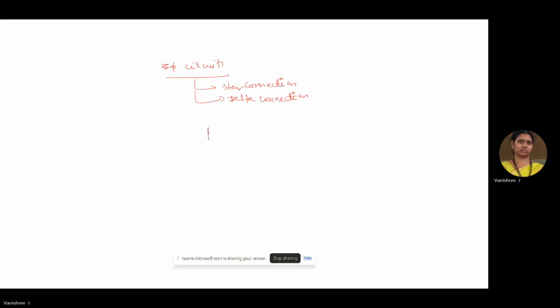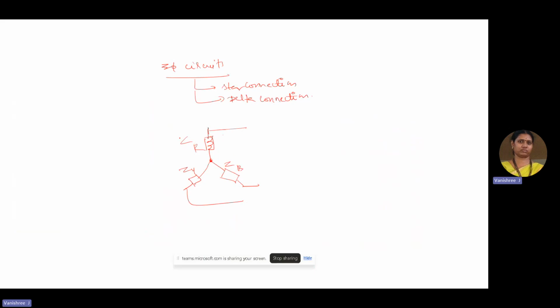That is, you will be having a common neutral point. You will be having a load and three phases of load. So R, Y, B. So R load, Y and B.